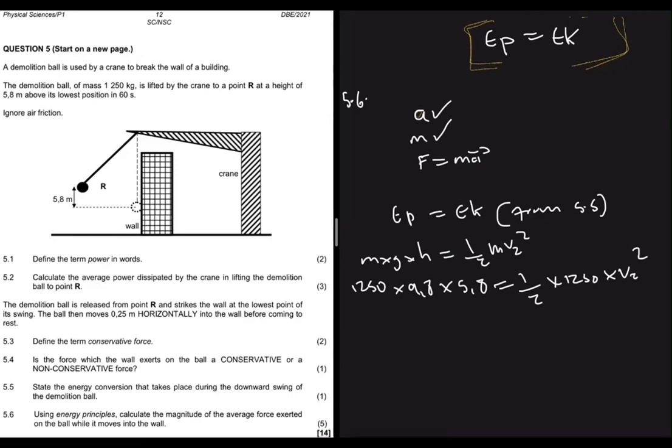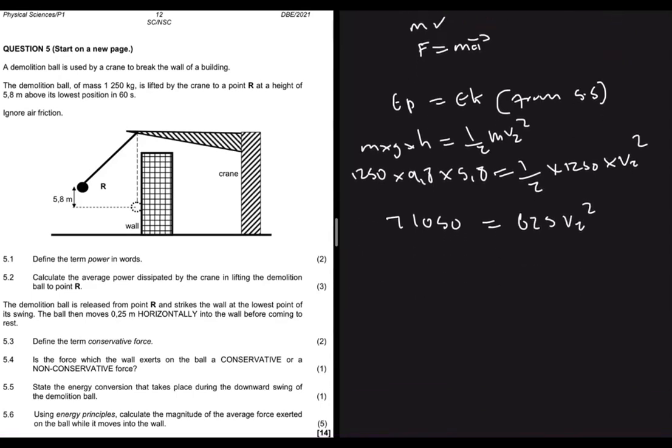If I put the left hand side on my calculator, I get 71,050, which is equal to 1,250 divided by 2, that is 625 v2 squared, right? And then I can solve for v2 squared, so v2 squared will be 71,050 divided by 625, and then take square roots on both sides.